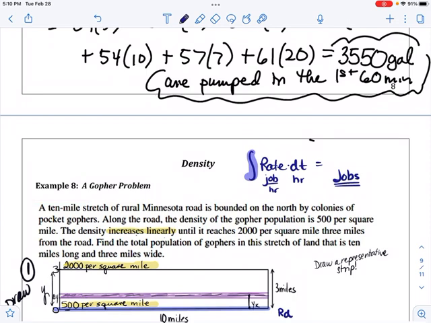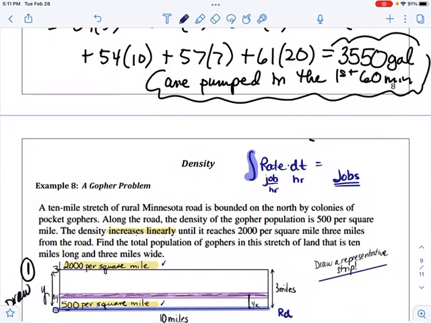And then I drew a line where I was exactly 3 miles away from the road, and it would go from 500 per square mile to 2,000 per square mile. So just drawing this rectangle with regard to the information given. And then I drew a representative strip, or a rectangle.